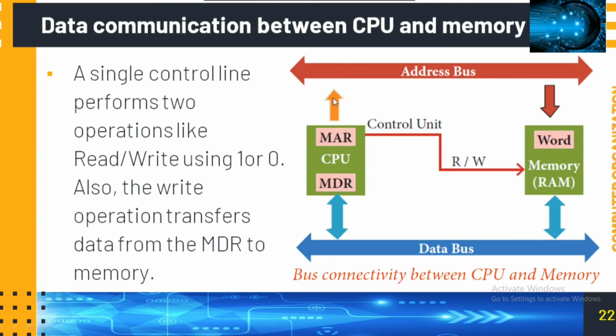See, this arrow mark shows only one direction. We send the address from the MAR to the address bus, and from this address bus the memory device fetches the data. On both sides only a unidirectional symbol is given, but in the data bus we are able to send as well as receive data, so the arrow mark is bidirectional. Is it clear?